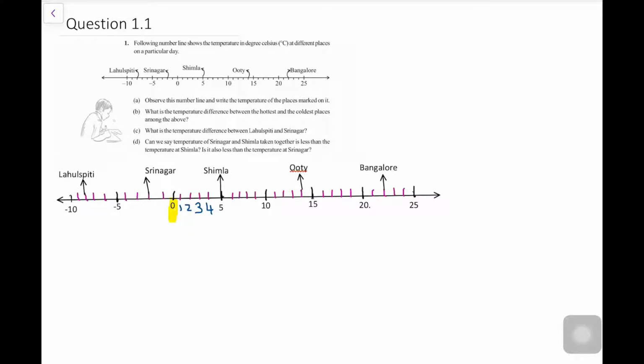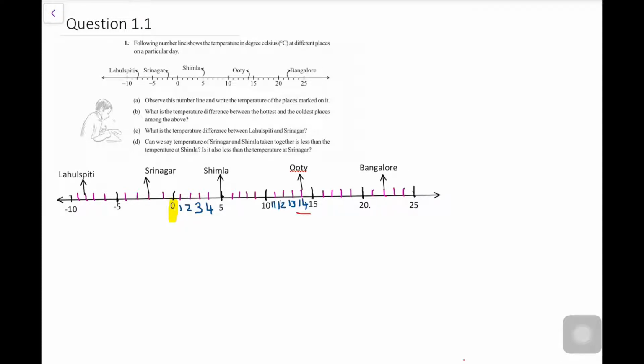So I'll skip this part, and I need first the temperature of Ooty, and Ooty is between 10 and 15. So I will mark the numbers after 10: 11, 12, 13, 14. And there you go, you have the temperature of Ooty.